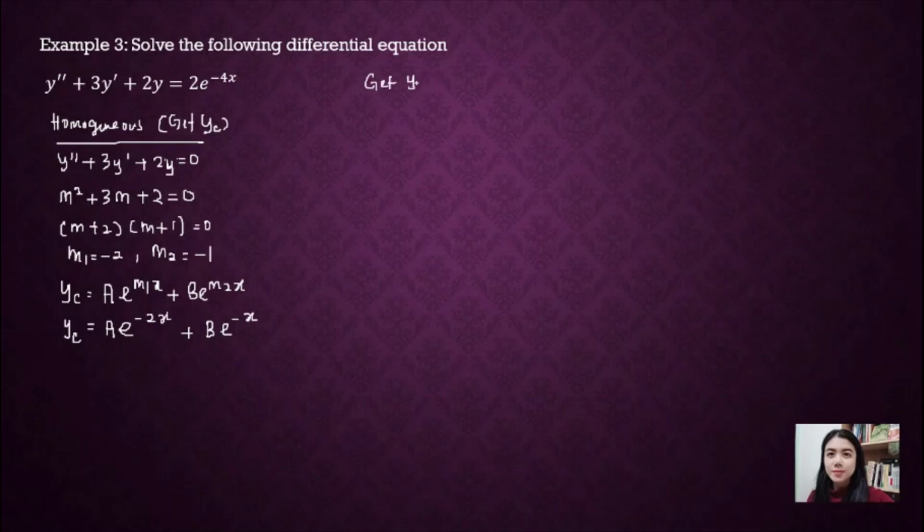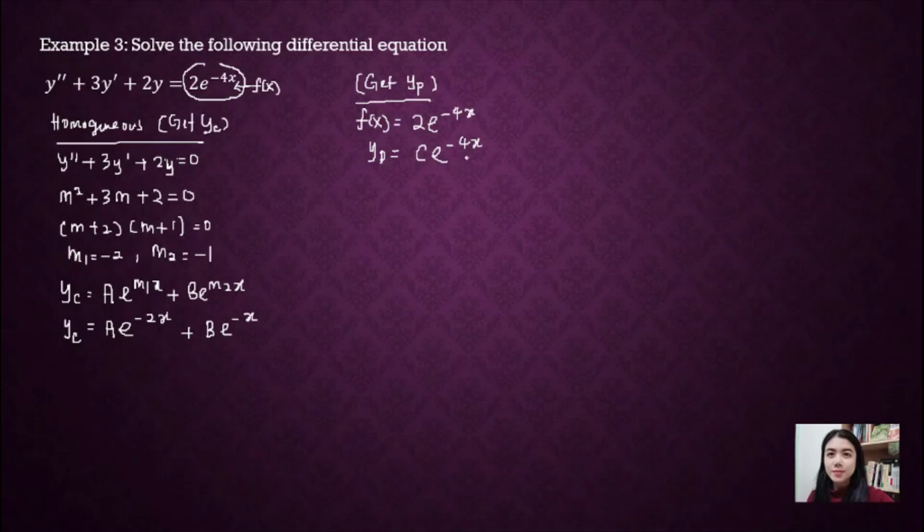Your trial solution yp depends on the form that we have here. This is actually your function f, and f is 2e^(negative 4x). This function f tells you the form of the yp, so your yp is supposed to be c e^(negative 4x).